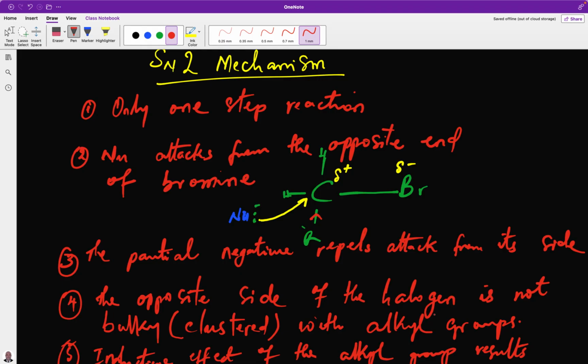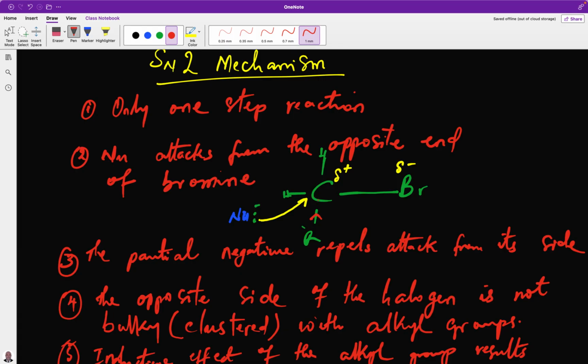Because bond formation with the nucleophile and the heterolytic bond breaking with the halogen take place at the same time. Then number two, I said the nucleophile will attack in the SN2 mechanism, but from behind, from the opposite side of the halogen.